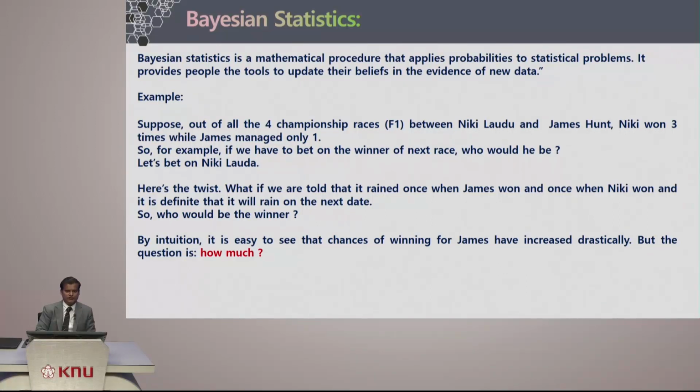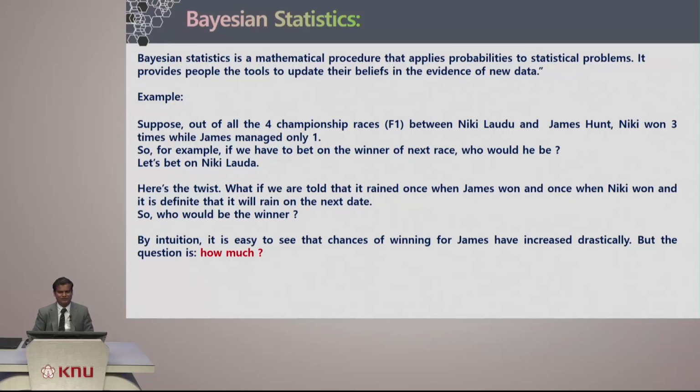So as you can see here, in the Bayesian statistics, suppose out of the examples given here, we can see 4 championship race F1 between Nicky and James. Nicky won 3 times while James managed only 1. For example, if we have to bet on the winner of the next race, whom would you bet?